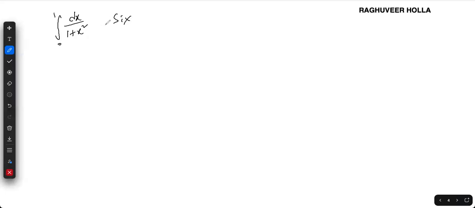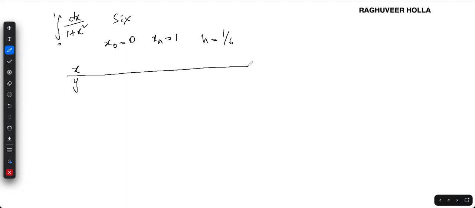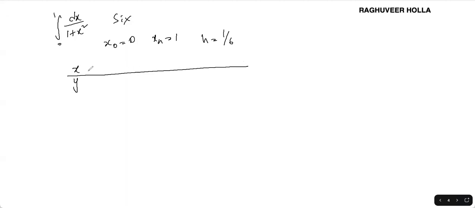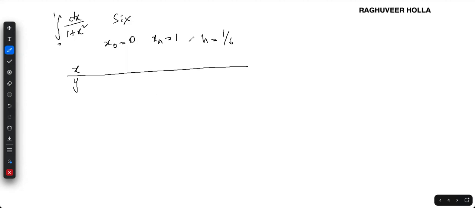So as you know, this x naught is 0 and xn is 1, so h will be 1/6. So x and y, write down quickly.